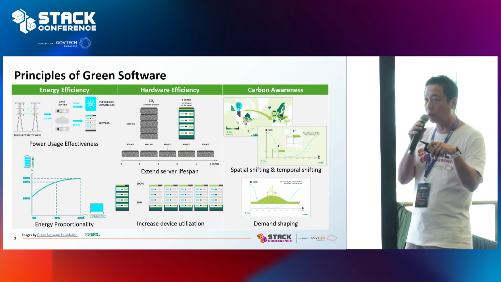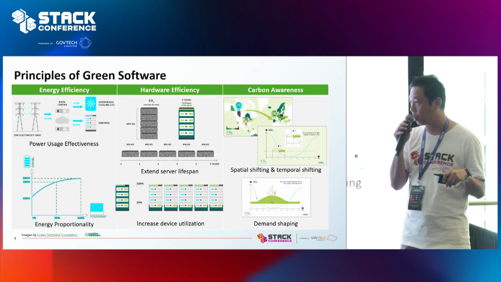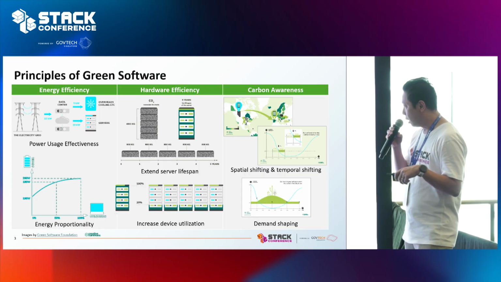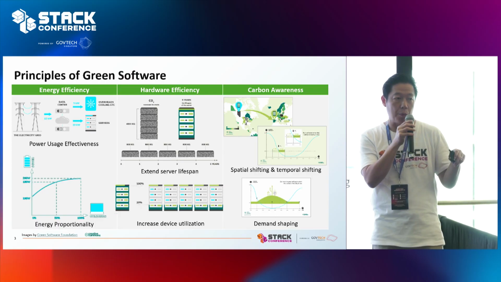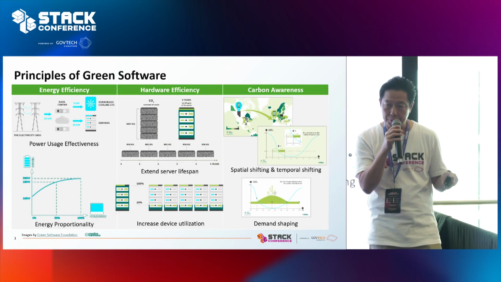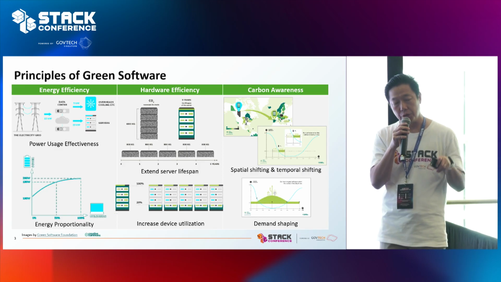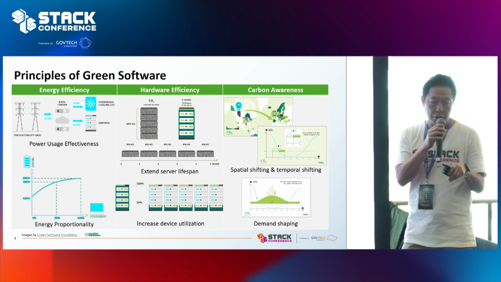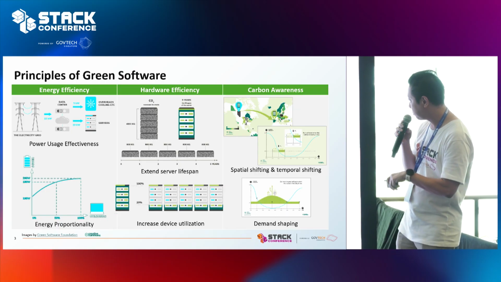So look for something that you can shift to different geographical locations. Second dimension is temporal shifting. It means shifting the time when you run your highly computational workloads. If you know your grid is green at this time, run your high-intensive workload during this time. If it's dirty, then don't run. That's the concept of temporal shifting, time shifting.